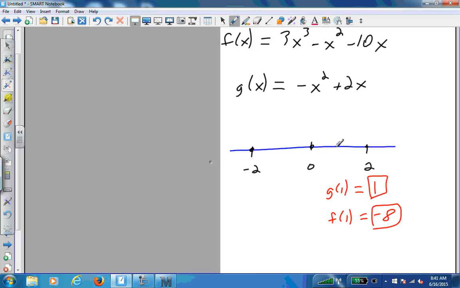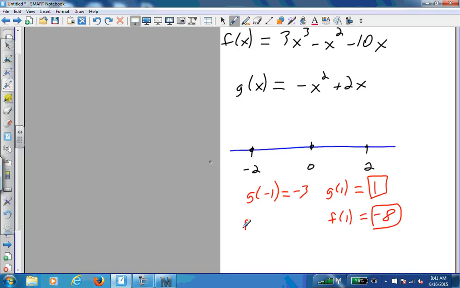Well, if g is on top here and f is on bottom, then by default, it should flip here. But if we weren't sure, we could pick a test point over here. If we put a negative 1 into g, negative 1 squared is 1, so negative 1 minus 2 is negative 3.